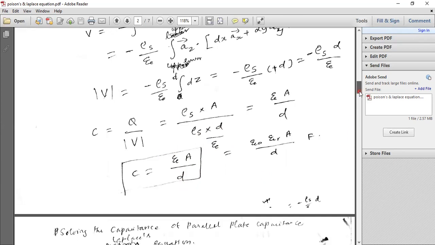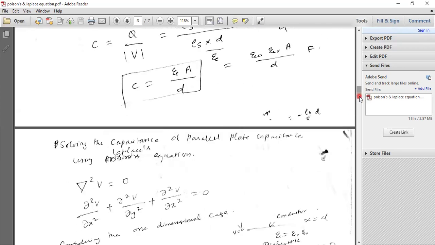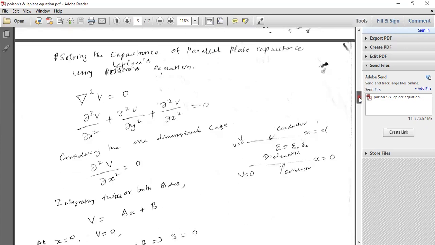So this is epsilon naught, epsilon r A by D, because epsilon is equal to epsilon naught into epsilon r, where epsilon r is the relative permittivity of the medium. The same problem can be solved by using Laplace equation.